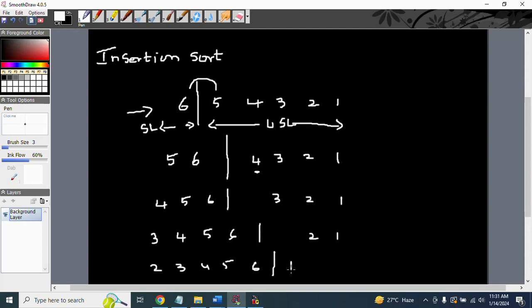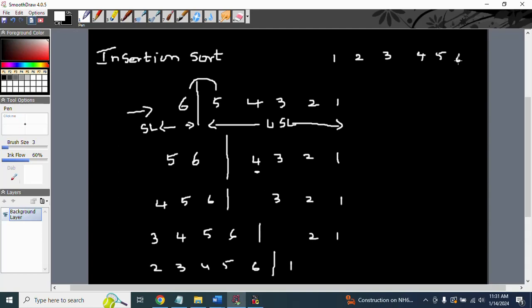Finally, I am left with one element, 1. When I repeat the same process, this 1 will also settle in its right position. Finally, my answer is the sorted list 1, 2, 3, 4, 5, 6. This is the procedure involved in insertion sort.